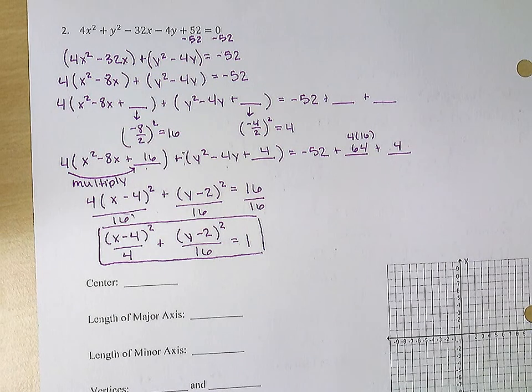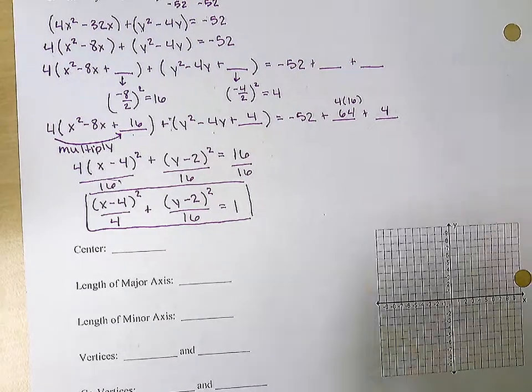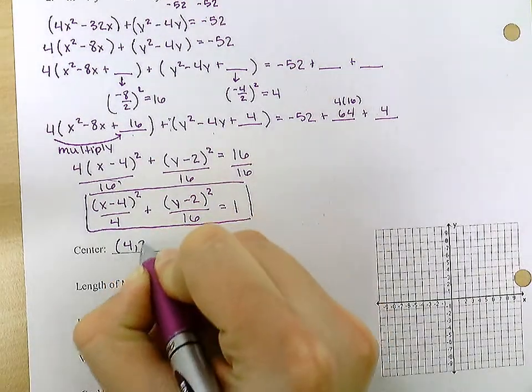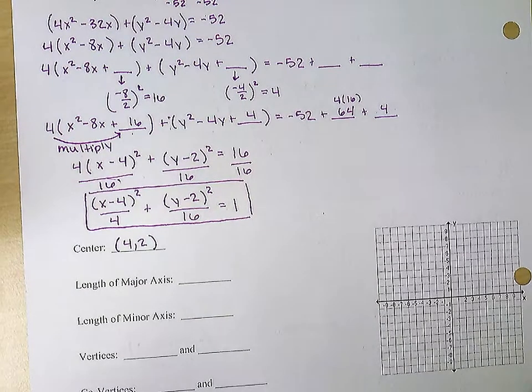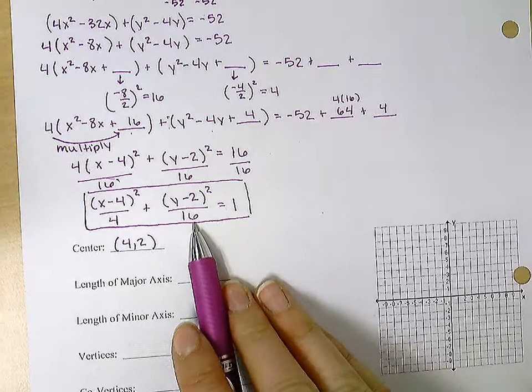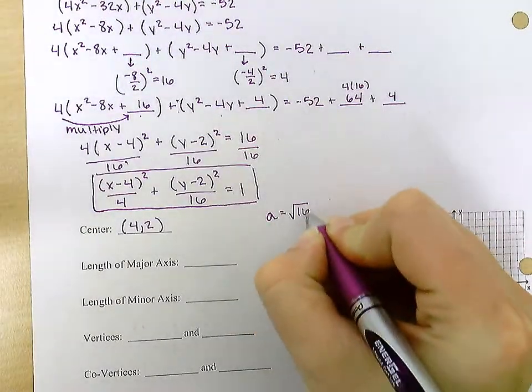So our center is at 4, 2. Okay, h is with x, k is with y. Our a squared value is the greatest denominator. Okay, so our greatest denominator here is 16. So to find a, we need to take the square root of that.